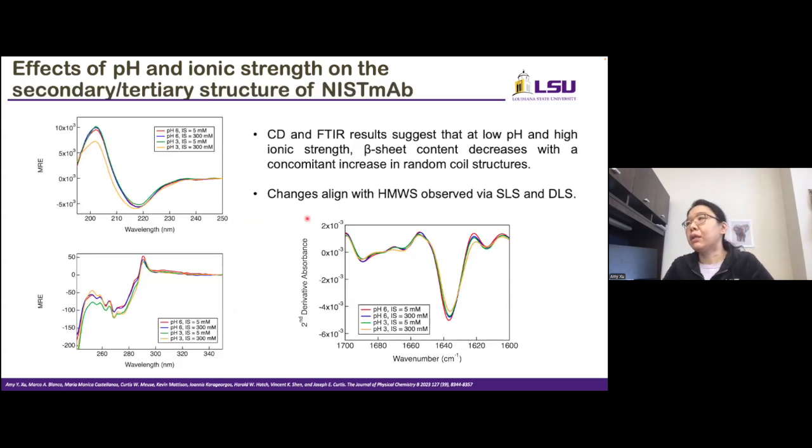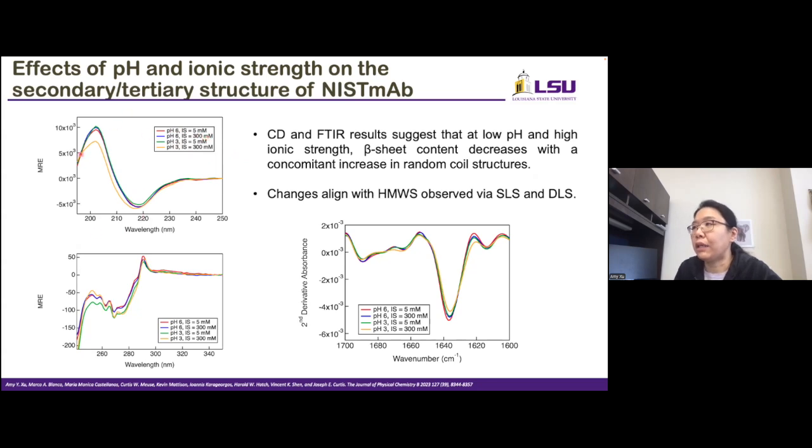Now we also performed CD and FTIR experiments to look at the secondary and tertiary structure change of NISTmAb when prepared at pH 3 or pH 6, both at low and high ionic strength.